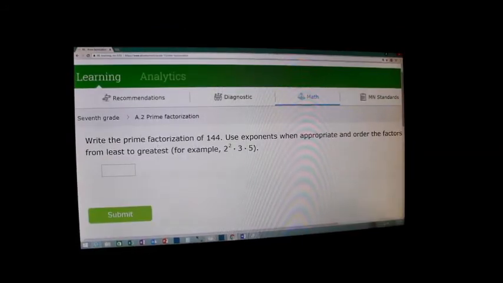Write the prime factorization of 144. We know the number is 144. What are two numbers that multiply together to equal 144? 144 divided by 12 equals 12.